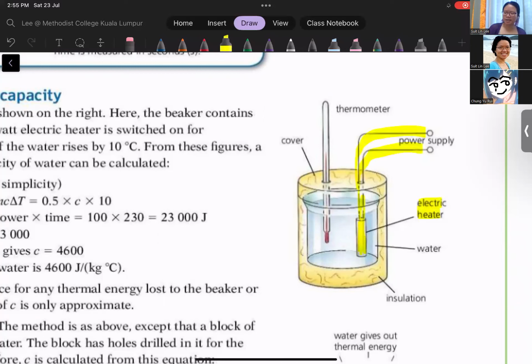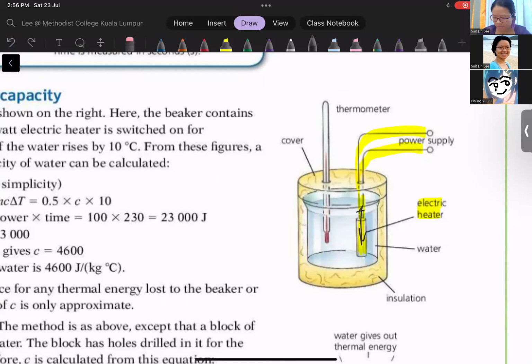Okay. And then this heater, I submerge it inside maybe a beaker that I can put any of my substance in. I can pour water, I can pour alcohol. If I want to use a solid block of ice, I can. I just drill a hole here, and stick the heater inside.